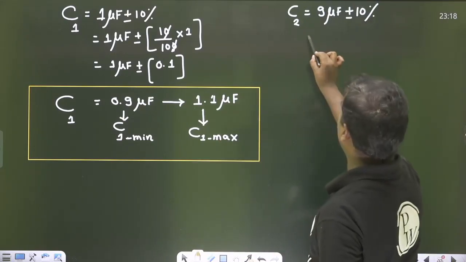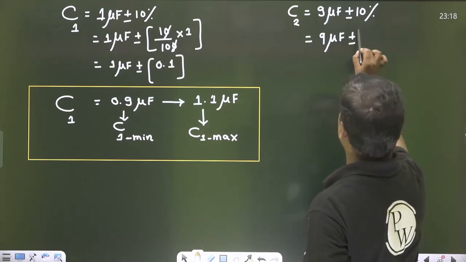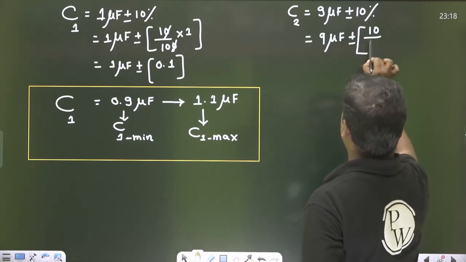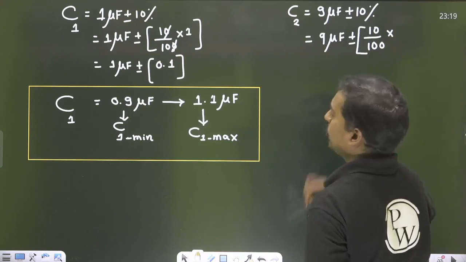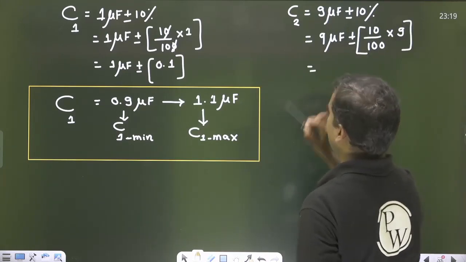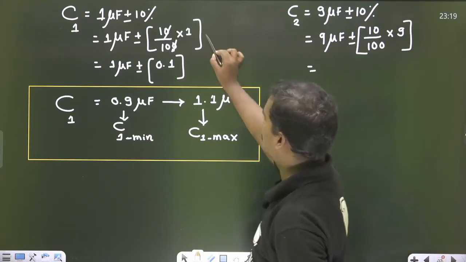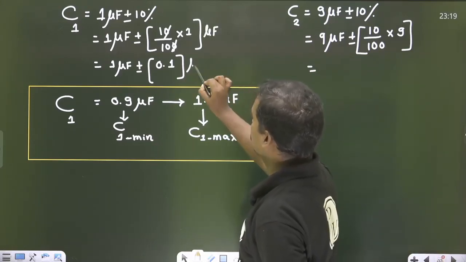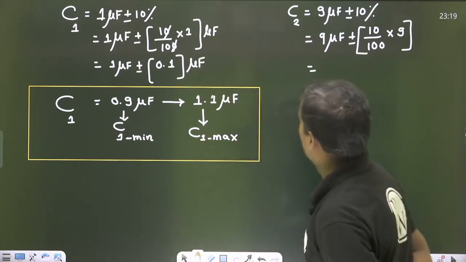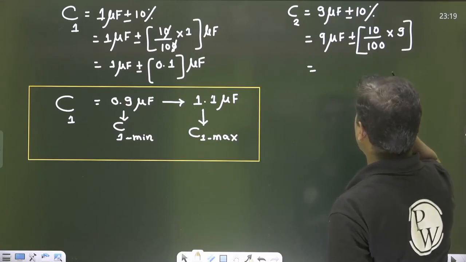So this can be written as 9 microfarads plus or minus 10 by 100 of 9 microfarads. So 90 by 100, that is 0.9.